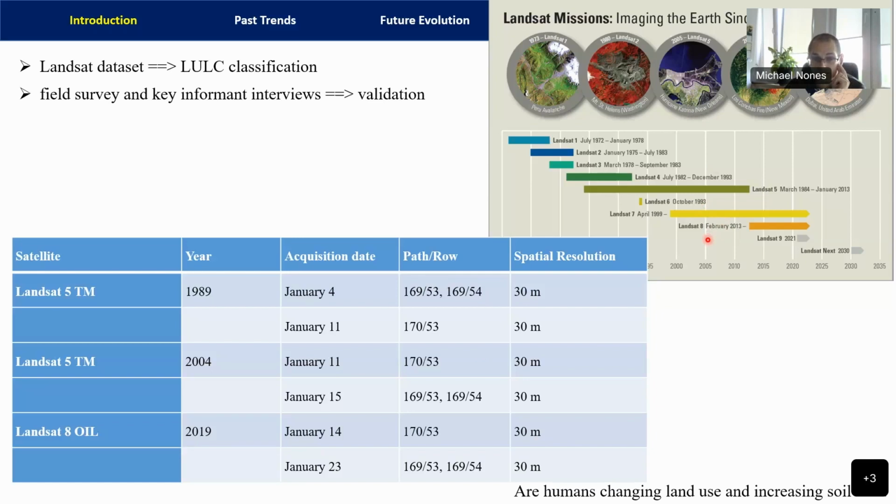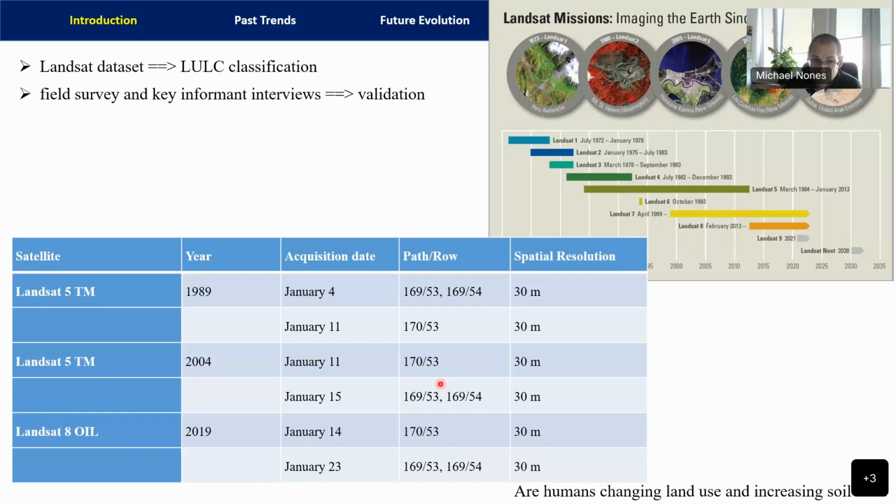We combined also images coming from different dates. It's reported here in terms of path and rows, because the basin is larger than the actual images. So we had to consider different dates and different images, and we combined those images. All these images refer to dry conditions.